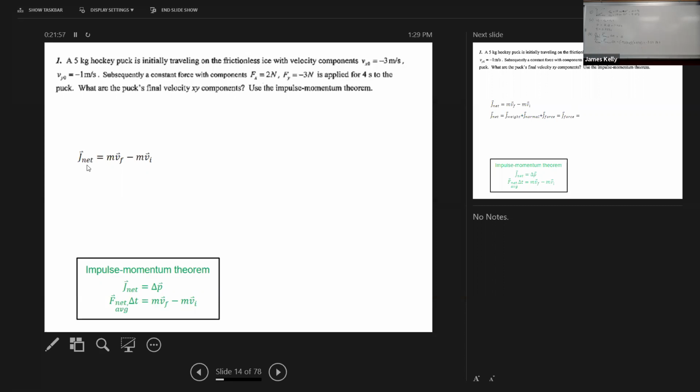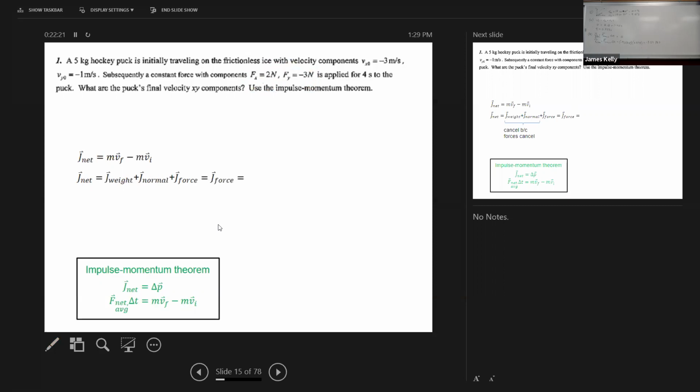Actually, yeah, it's frictionless. I was going to say there's 4, but no. Without friction, there's 3 forces acting on it. So the net impulse delivered to the puck is the impulse delivered by the weight force, plus the impulse delivered by the normal force, plus the impulse delivered by this applied force. I just called that the force, the one that I gave the x and y components to up here.